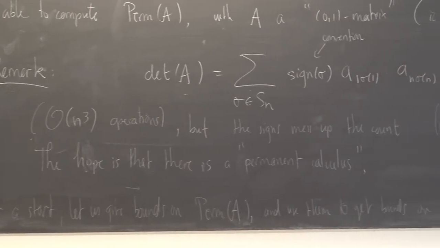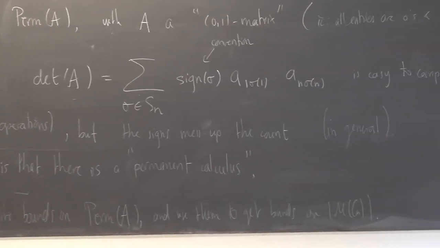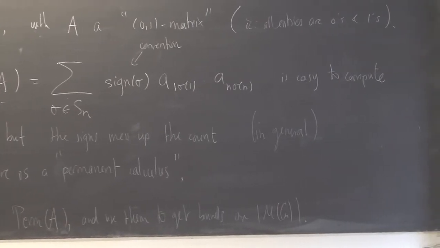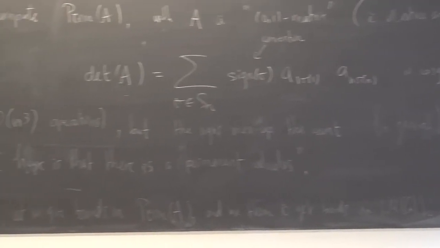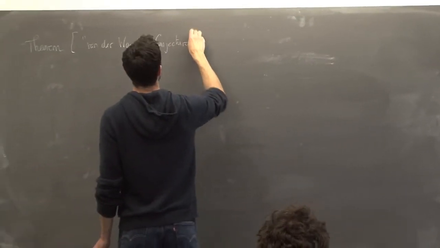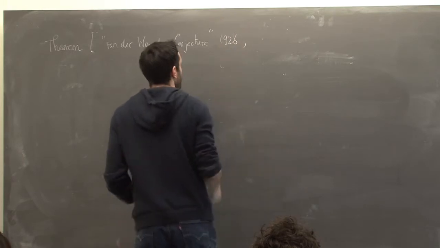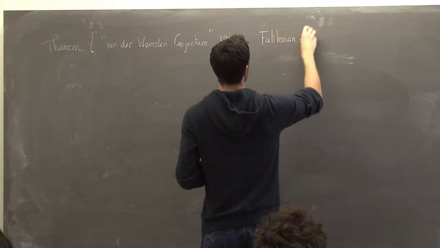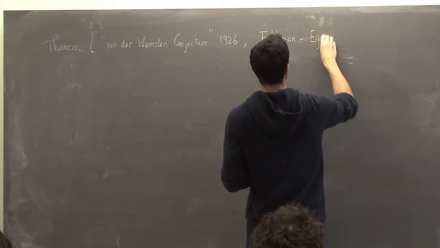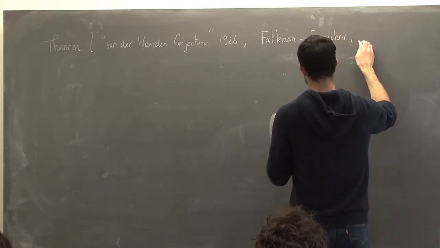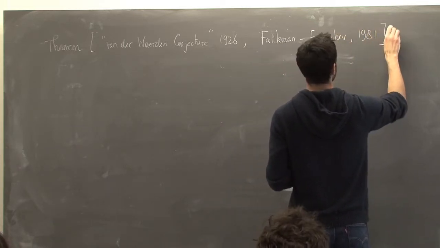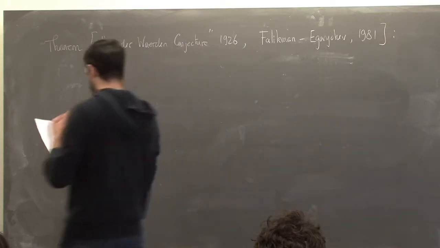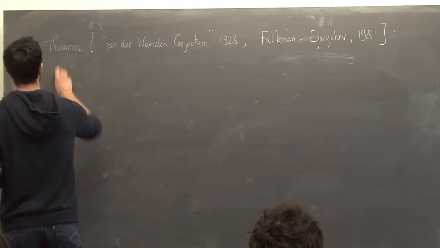I'm going to state these bounds without proof. The first theorem is the so-called van der Waerden conjecture, which van der Waerden stated in 1926, and which was proved by Falikman and Egorychev in 1981. So here's the theorem.